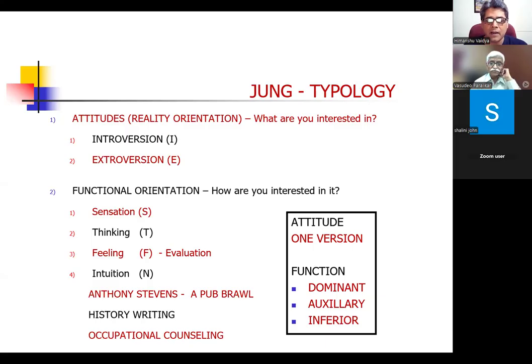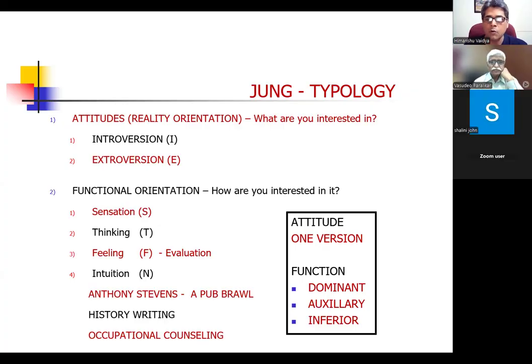The first criterion that Jung deploys on the human population is what he calls attitudes, or I would use the word orientation. But Jung uses the word attitude, and he divides the entire human population into two groups, introverted and extroverted. The group whose orientation is more introversion and the group whose orientation is extroversion.